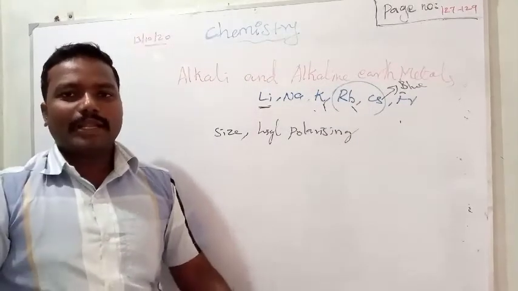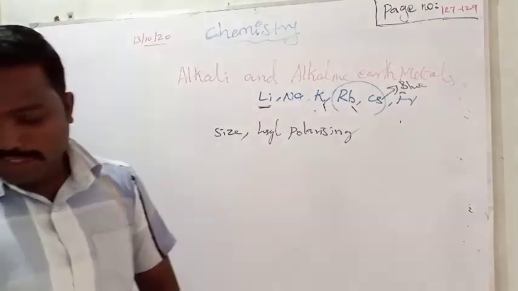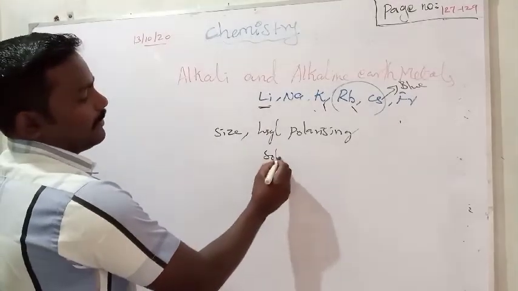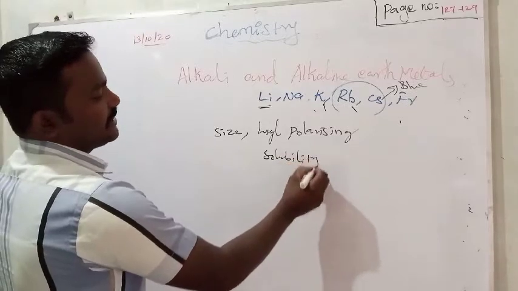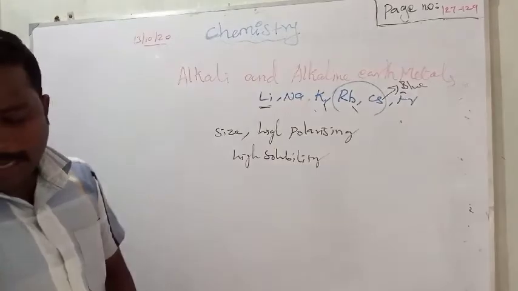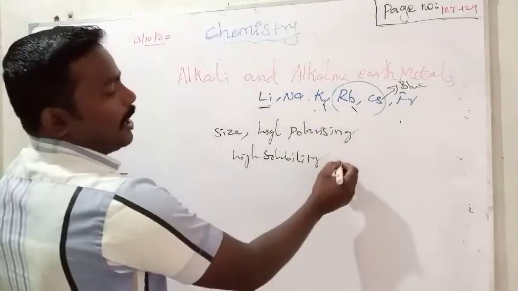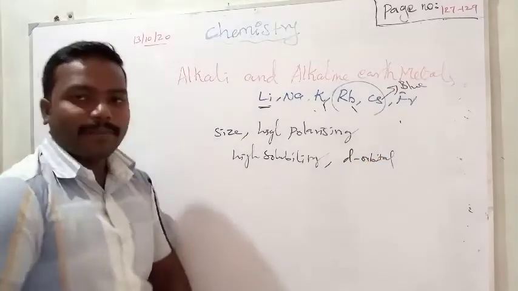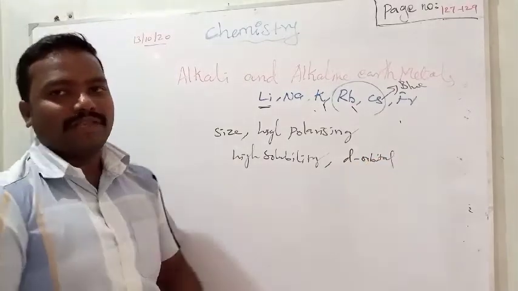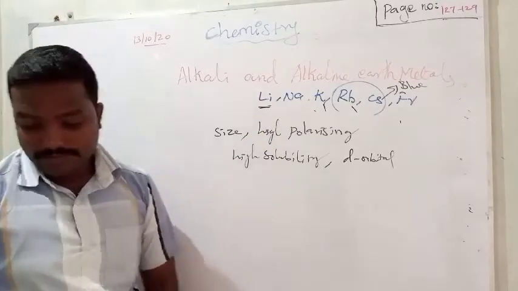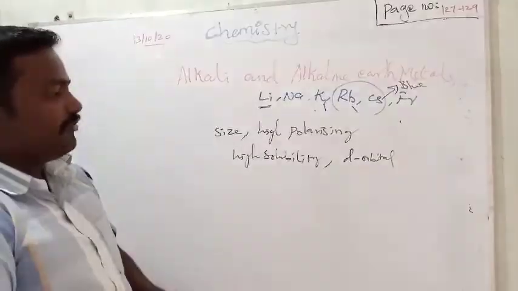It will easily polarize into positive and negative charged ions. And then high hydration, that is, high solubility. Not only this, it has no d orbitals. If you compare other elements, they may have d orbitals, filled or empty, but lithium doesn't have d orbitals. See, there is a difference also.